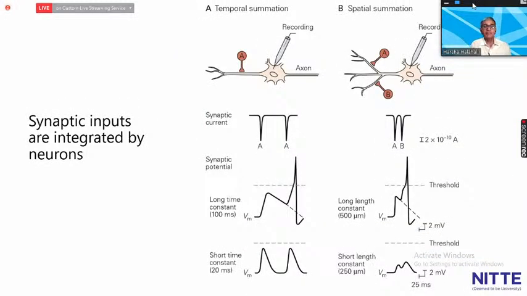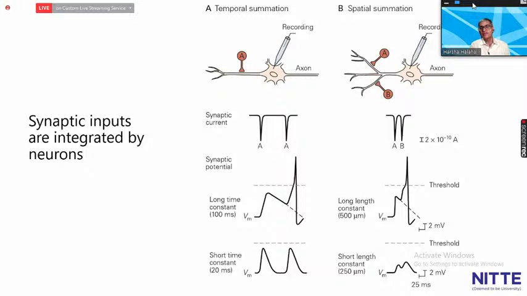Neurons receive multiple synaptic inputs from multiple neurons, and neurons have an integrative function. That means inputs which occur within a short time or close together on the neuronal surface can be added together.